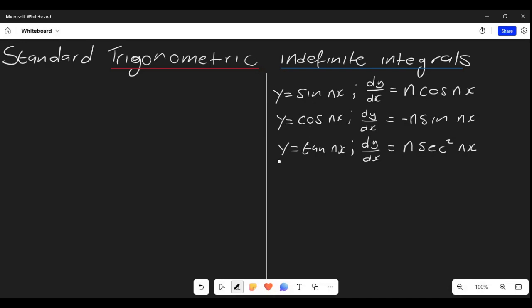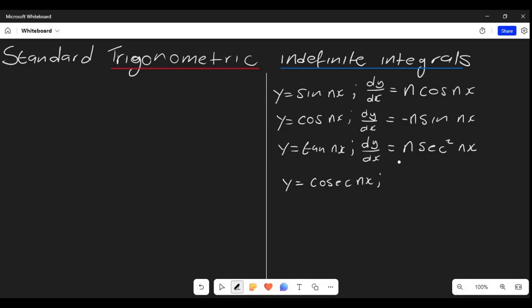So what about their inverses? Let's start with cosec. If we have cosec nx, what about its dy over dx?